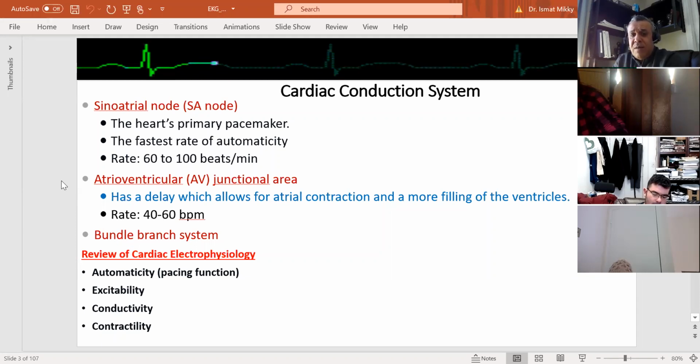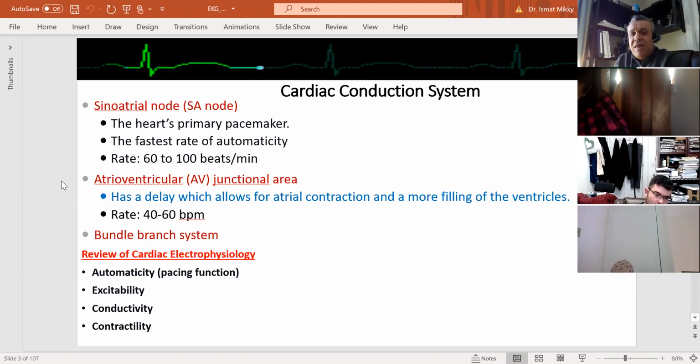The myocardium's muscles and cells have the feature called automaticity, which is the automatic pacing function.